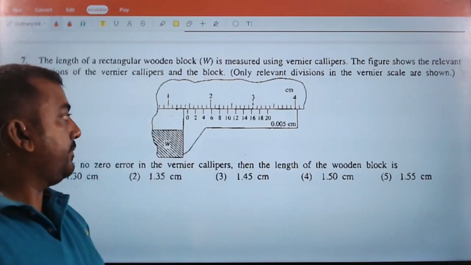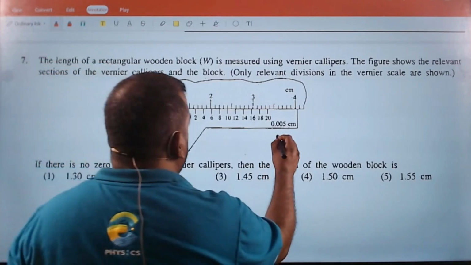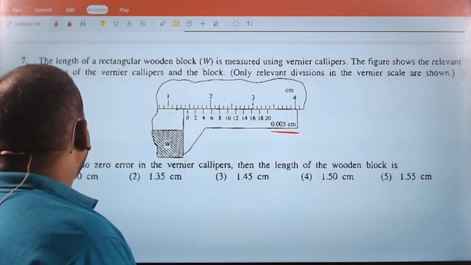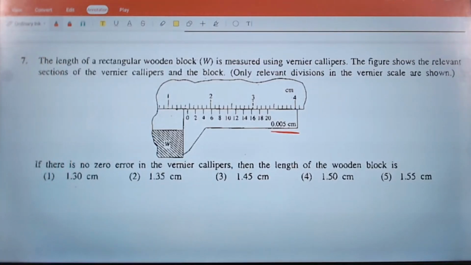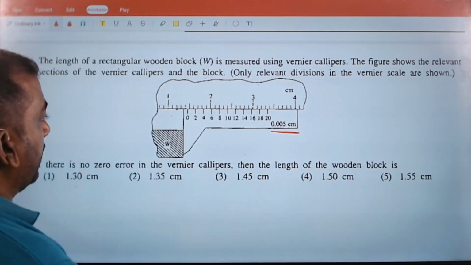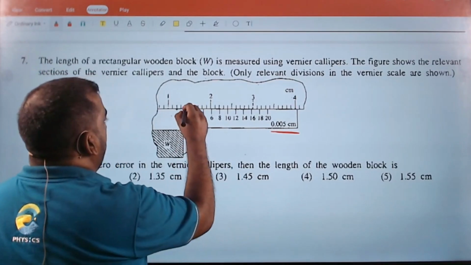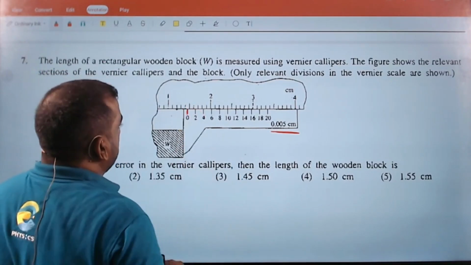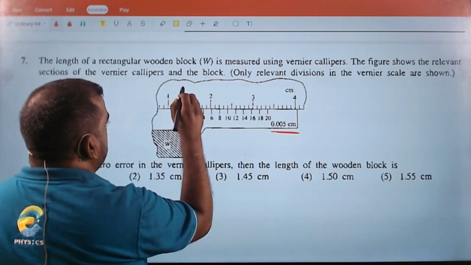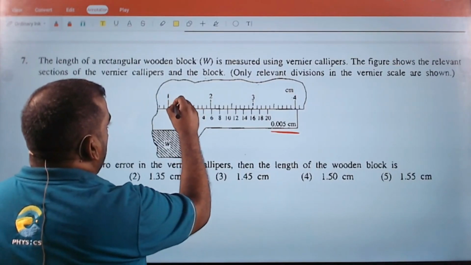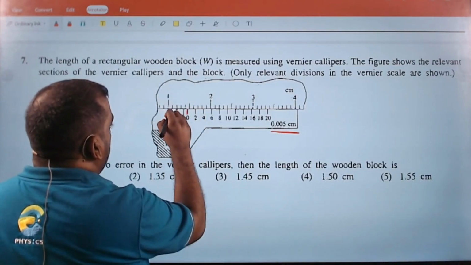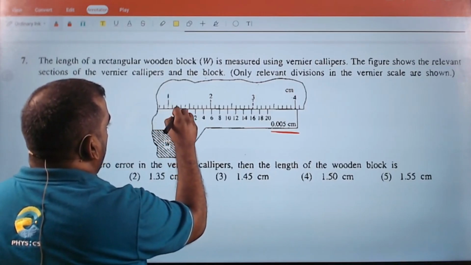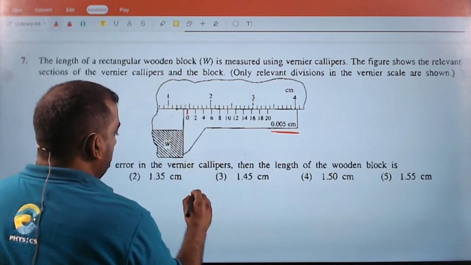Question number 7. Whenever you see this, remember least count is given. There is no zero error in the vernier caliper. What's the length? Check where the vernier scale 0 is. Main scale: 10 millimeter, 11, 12, 13, 14, 15.